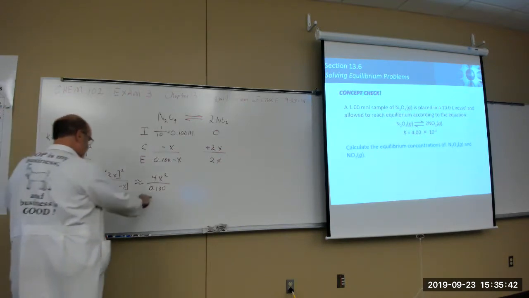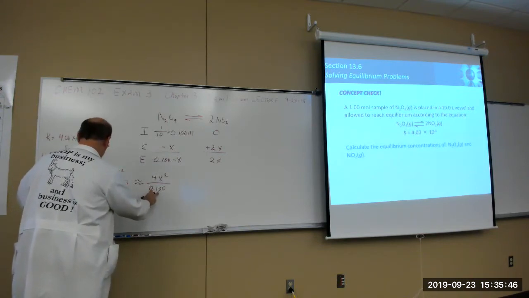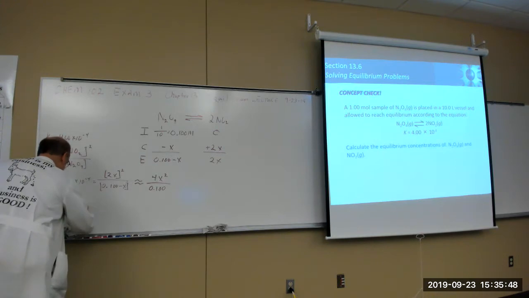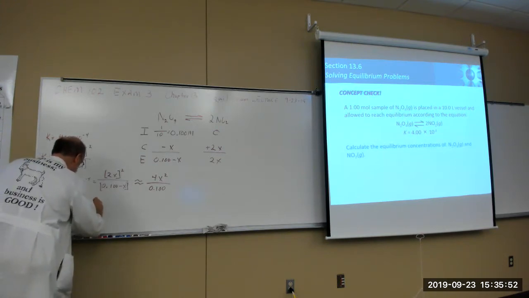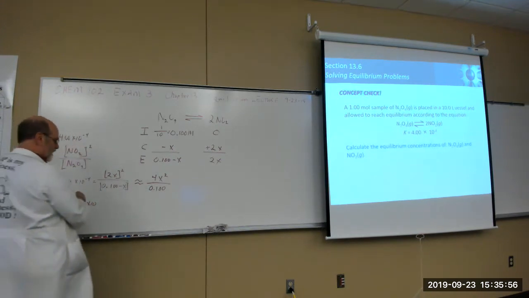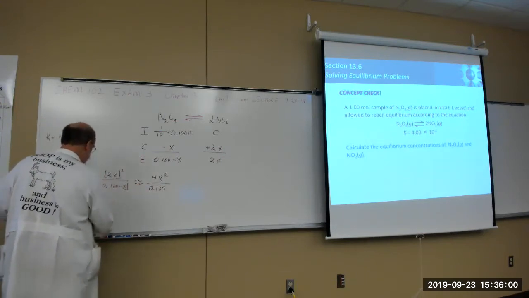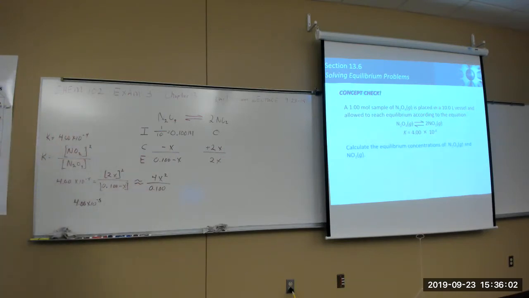Now, if we multiply both sides by 0.1, that means 0 times 0.1 is 10 to the minus 1, right? So 10 to the minus 1 multiplied by both sides will make 10 to the minus 5 on that side.